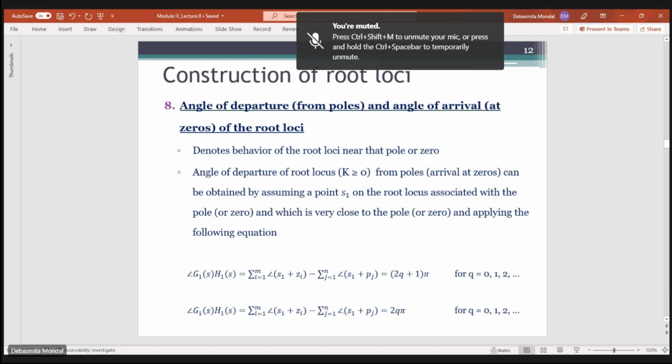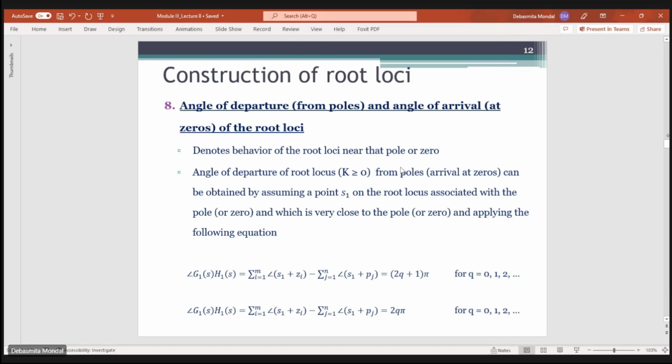Now the angle of departure of a root locus for k greater than 0 from poles, or arrival at zeros, can be found by assuming a point S1 on the root locus which is associated with that corresponding pole and which is lying very close to the pole that we are interested in.